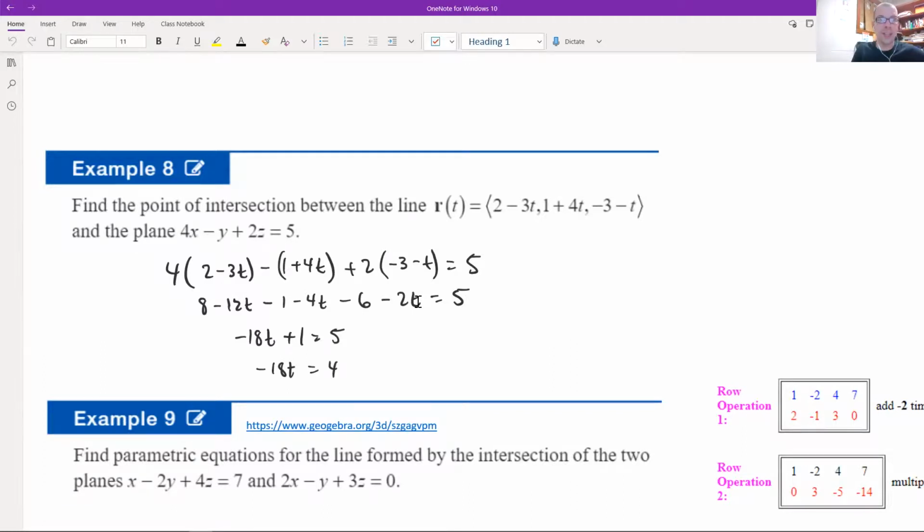And then t equals negative 4/18, or, oh my gosh. I don't need to simplify this fraction, but I felt compelled to. So again, I didn't make the GeoGebra thing beforehand on this one. What am I doing?